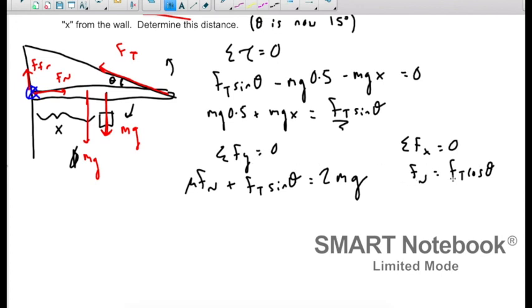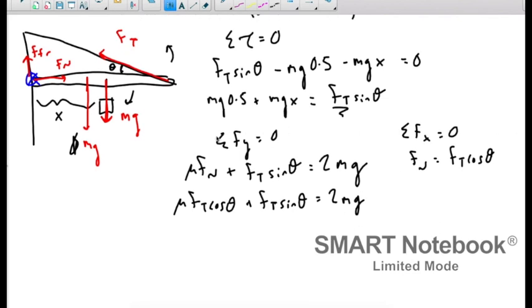Okay, so then I can rearrange this y expression and say that coefficient times ft cosine theta plus ft sine theta equals 2 mg, just like that. And it looks like here I could take my y expression.